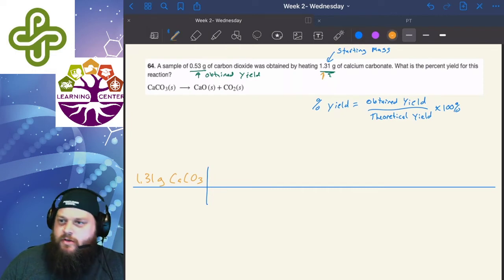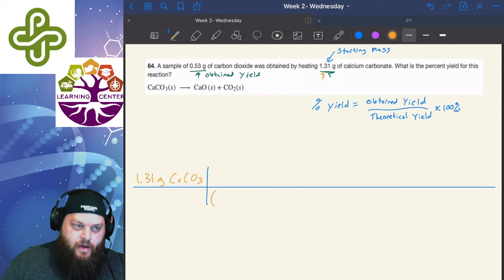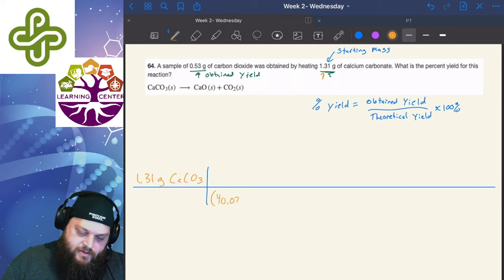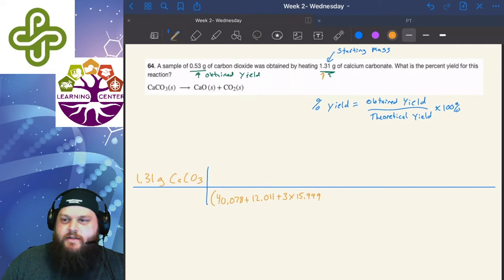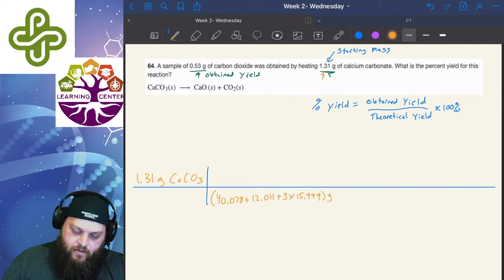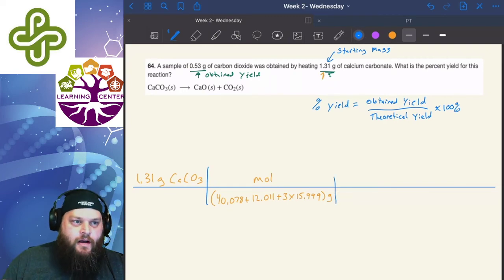You can also just look this up on the internet, but it's good to know how to go about doing it. So if we look up calcium, we get 40.078. Carbon is 12.011. And we're going to add that to 3 times oxygen, which is 15.999. Some of these you just start to know if you do this enough, grams per mole. I've got carbon, oxygen, nitrogen, and hydrogen memorized pretty well. Anything outside of that, I usually just look up to make sure I'm remembering correctly.